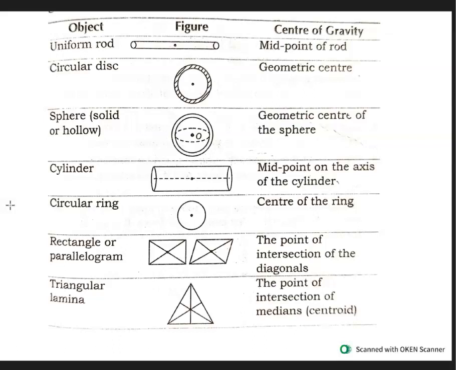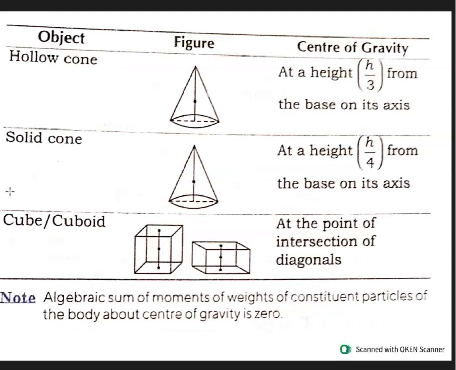For a triangular lamina, the center of gravity is the point of intersection of its medians, which is also known as the centroid of the triangle. Two important shapes we are supposed to remember, a hollow cone and a solid cone.